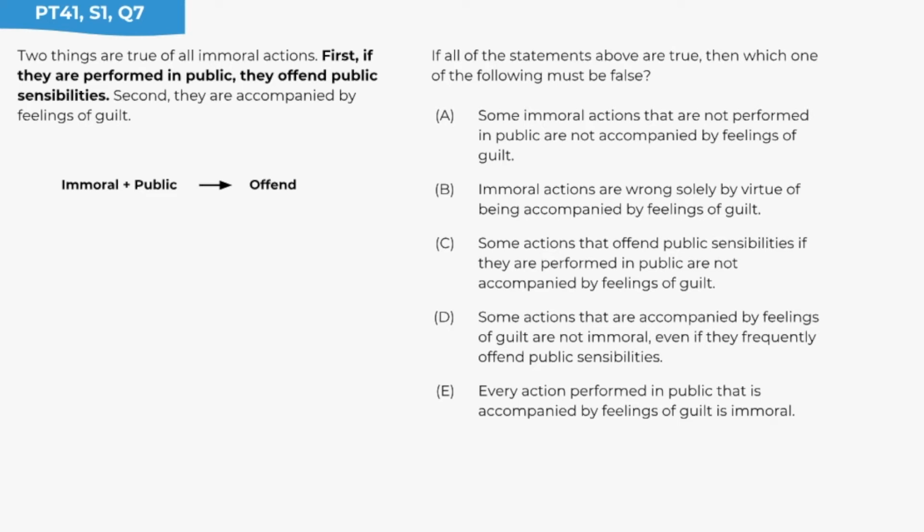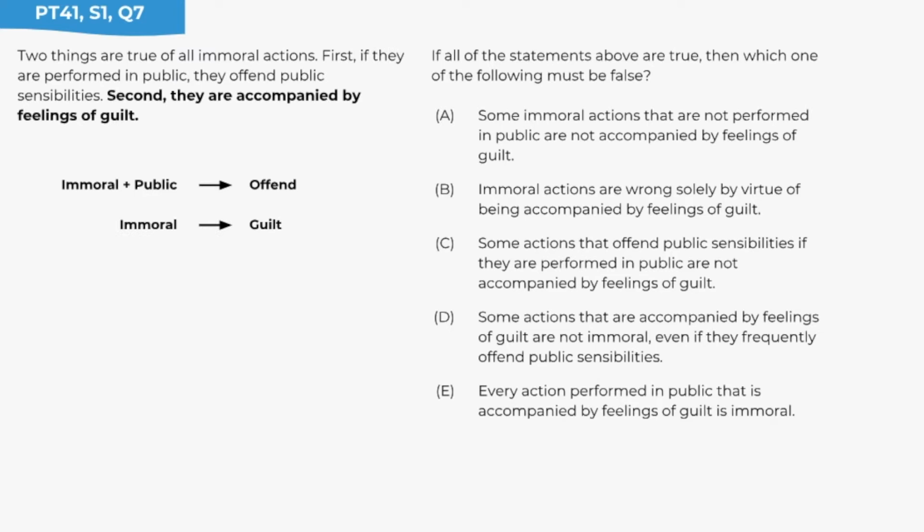It also carries over into the second relationship, which isn't presented as a relationship. It's just stated as a fact that's true about all immoral actions. If we didn't consider that very first sentence, we might not see the second part as an if-then relationship. But because we know this is talking about immoral actions, we can diagram it as: if it's an immoral action, then it's accompanied by feelings of guilt.